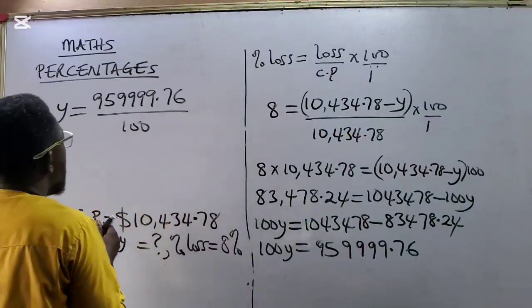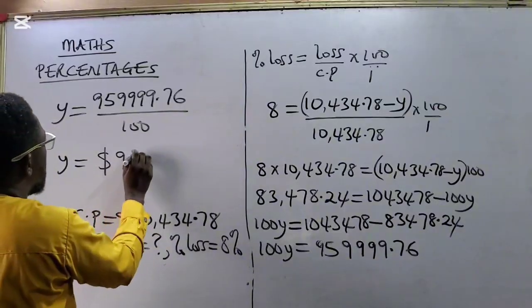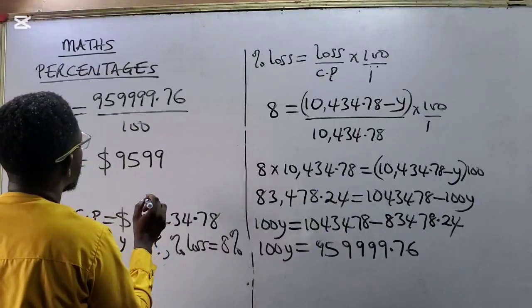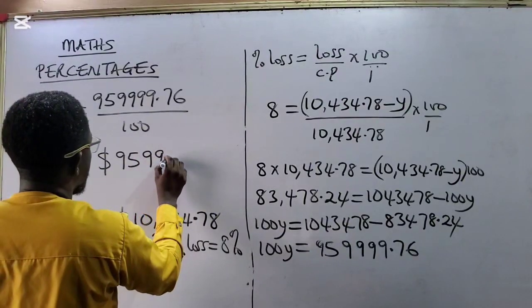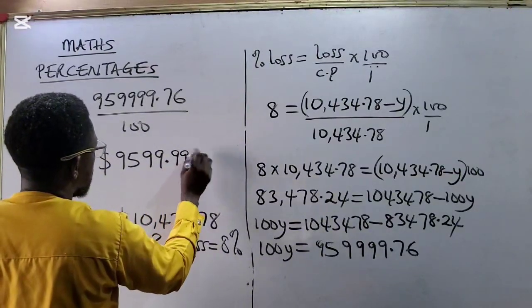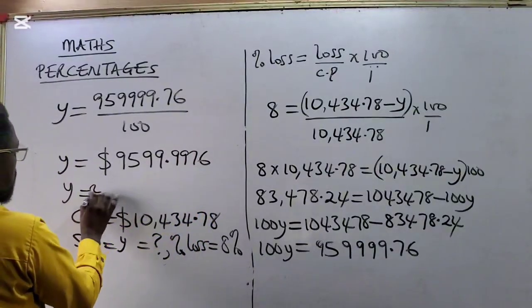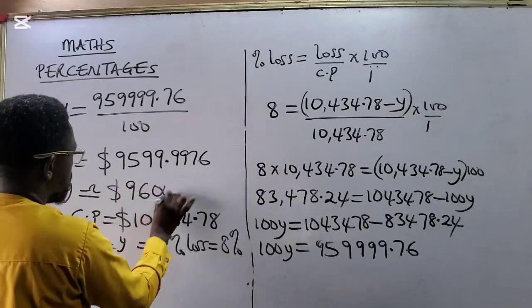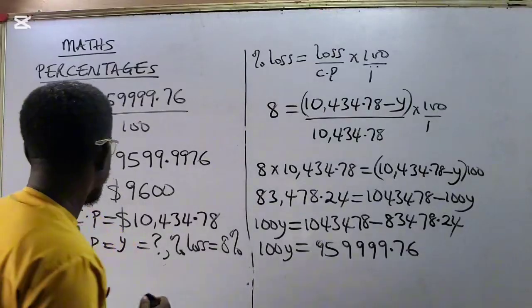So that gives the value of y as 9599.9976. If you approximate this, you get an approximate value of 9600. That becomes the selling price.